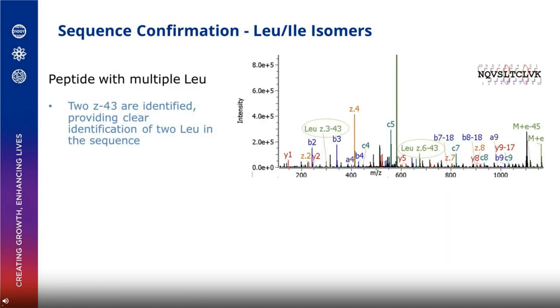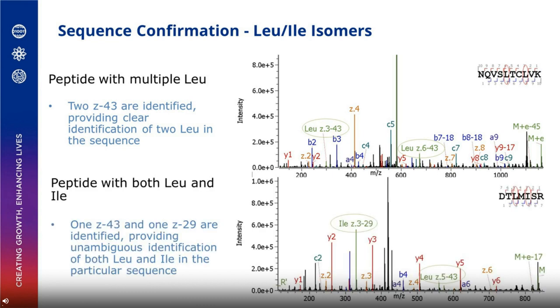So here's an example of using EAD diagnostic ions to discriminate leucine and isoleucine. In the upper spectrum, the peptide with 2 leucine residues inside, the z43 fragment ions are present at the z3 and z6 positions, so we can clearly identify both as leucine from the EAD MS/MS.